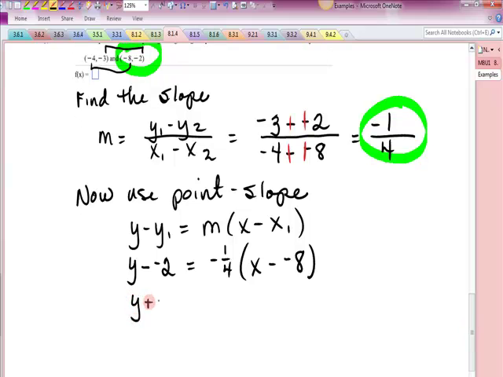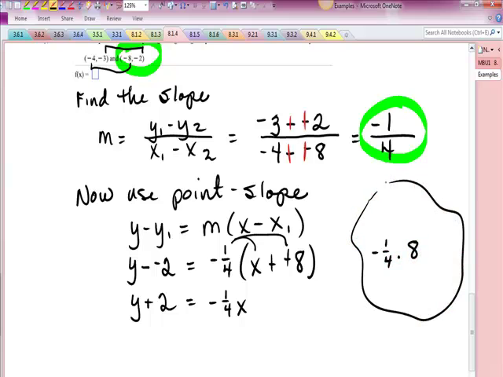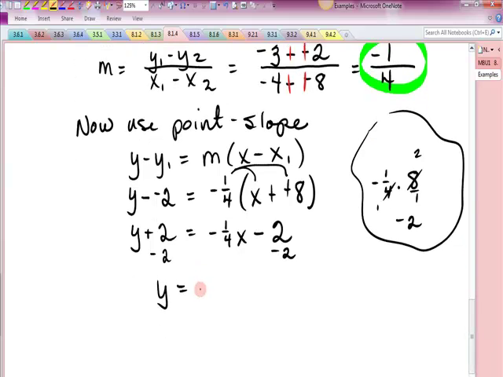I'm going to rewrite that as y plus 2, minus minus turns to plus, is equal to, that one's plus, I'm going to go ahead and distribute that fraction. -1/4 times x is -1/4 x. -1/4 times 8, put the 8 over 1, 4 goes in there 2 times, and that is -2, so I'll put -2. Now I subtract 2 from both sides, and I get y is equal to -1/4 x minus 4.